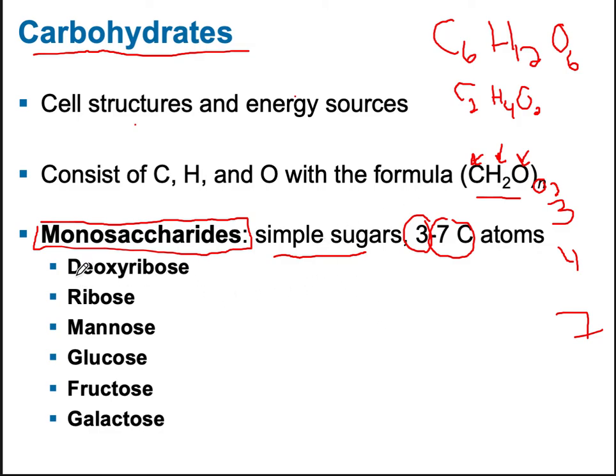Now, you know of deoxyribose from DNA, and ribose sugar in RNA, okay? You may not have heard of mannose before, but when we work with bacteria, that comes up. Glucose, of course, you're familiar with, because we operate off of glucose and we check our glucose levels in our blood, right, to make sure that we're not diabetic. And if we are diabetic, we are very, very closely monitoring our glucose levels all the time.